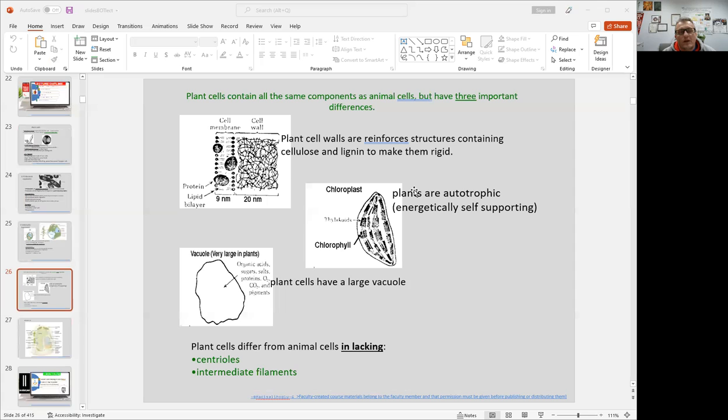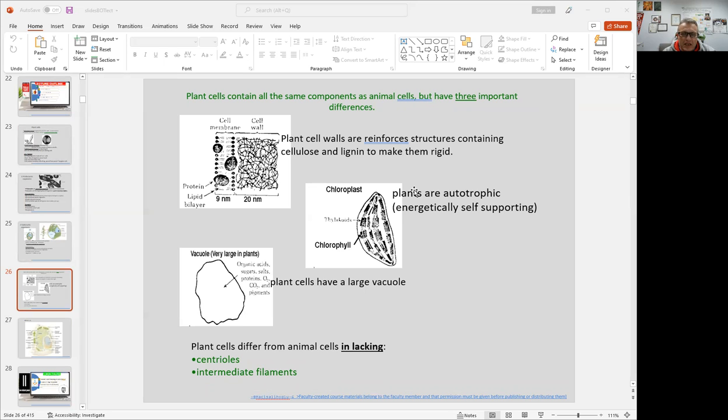That brings us to three unique organelles of the plant cell. The first one is the cell wall. Compare the animal cells. Cell walls are more than just a wall, but they look like a wall outside of plant cells, even though they are not a living organelle when they mature, but they are very important.